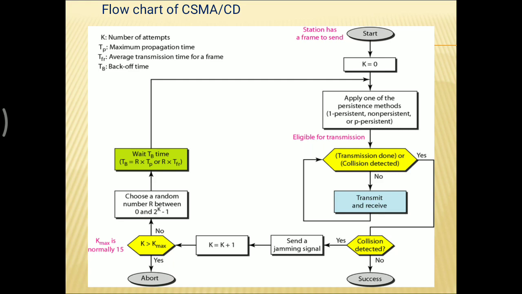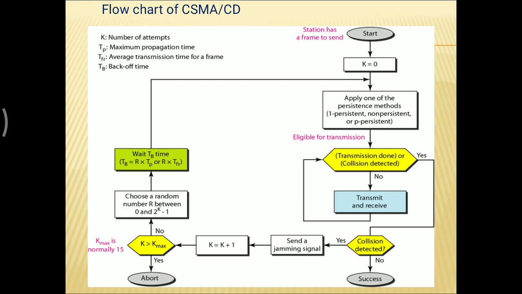After waiting the random amount of time, it verifies again whether the transmission medium is free or not. By applying one of these three methods, if it is free, it transmits. If it is busy, again it increments the number of attempts, sends the jam signal to the remaining stations, and waits for r time slots, and after completion of the time period it senses again.